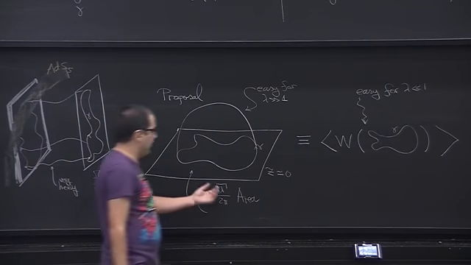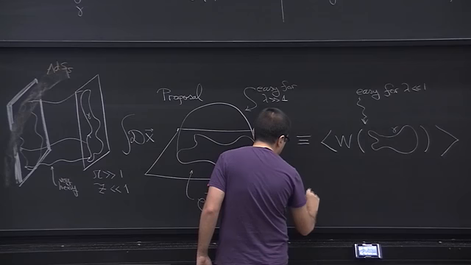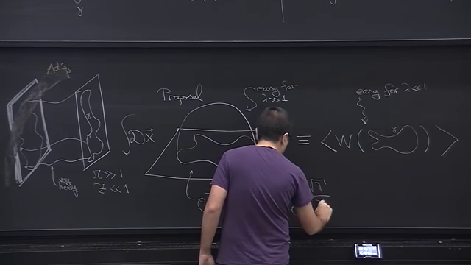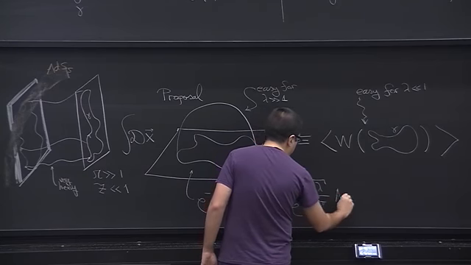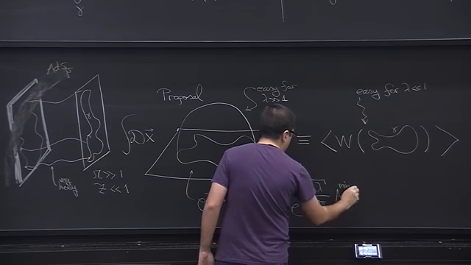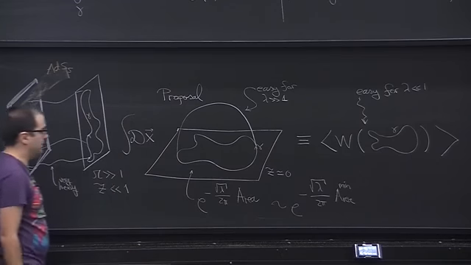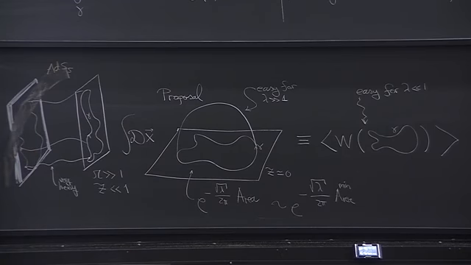And when lambda is very large, this will become just e to the minus square root lambda over 2 pi times the area of the minimal surface that ends on this particular contour.